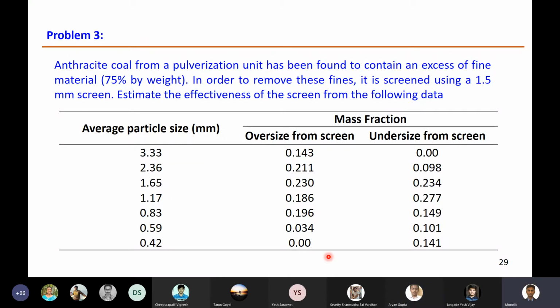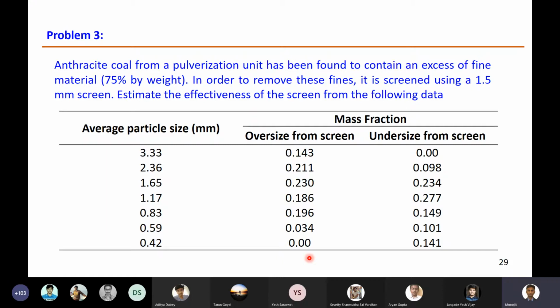So basically the mass fraction which is having a size greater than the screen's aperture. No, if I talk about oversize from screen and this column itself, how can you construct this column, this average particle size versus the mass fraction of the oversize from screen?